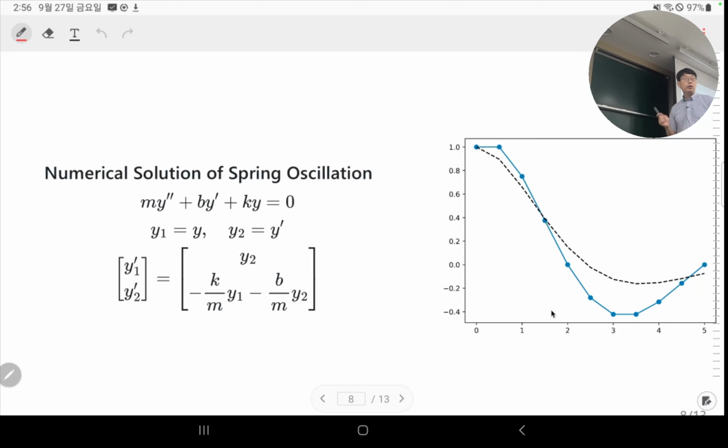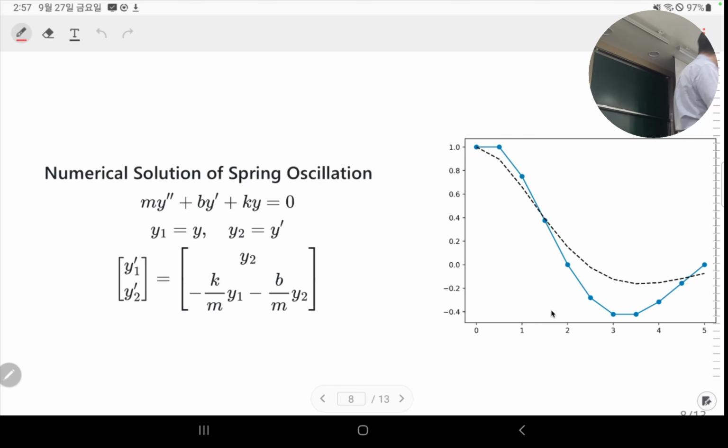The blue one is Euler. The dotted black is the Runge-Kutta. And Runge-Kutta is actually the same curve as the original solution, which I could get by solving by hand, so you don't see the difference. It's so accurate that you cannot tell the difference. So Runge-Kutta is always the best.